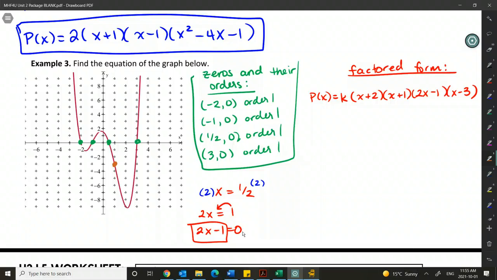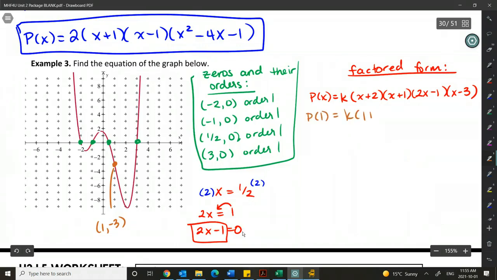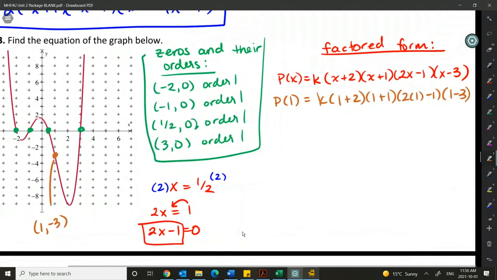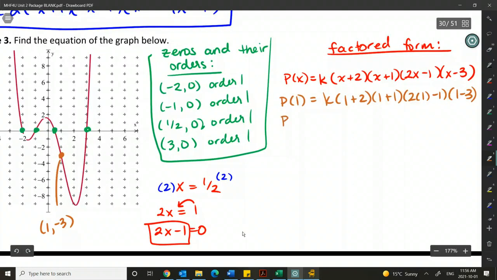I will just go with 1, -3 because those numbers are a little bit smaller. So let's plug in p at 1. And p at 1, we know from the graph, is equal to -3.